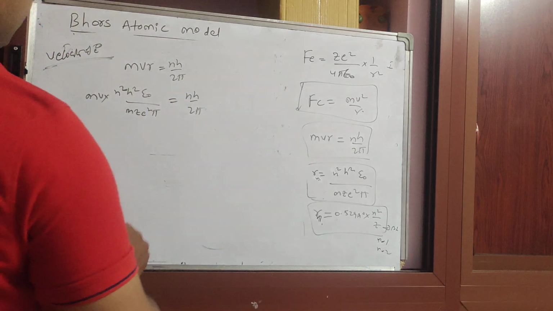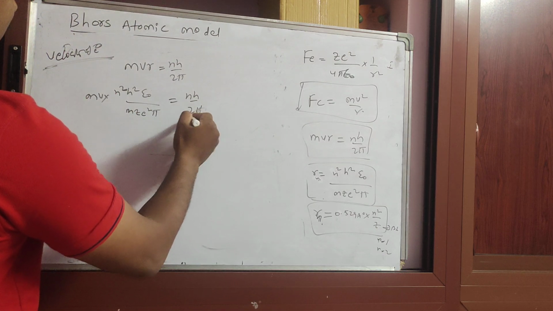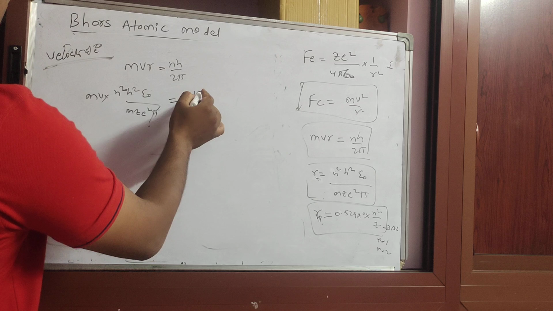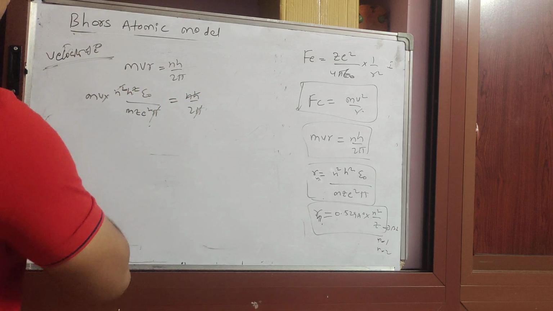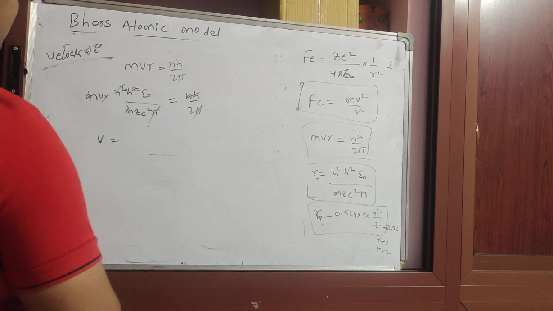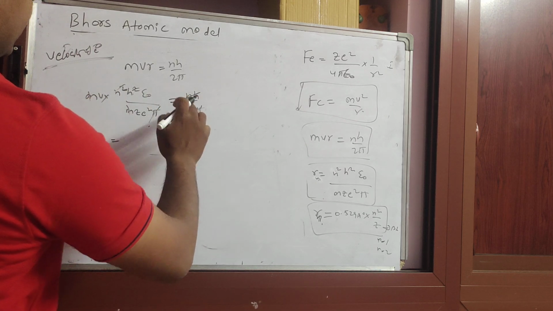If you take this case, pi will cancel. Next, n square h square and nh will cancel. Only 2 is there. Velocity is equal to, m will cancel, the mass of the electron. What will happen here?